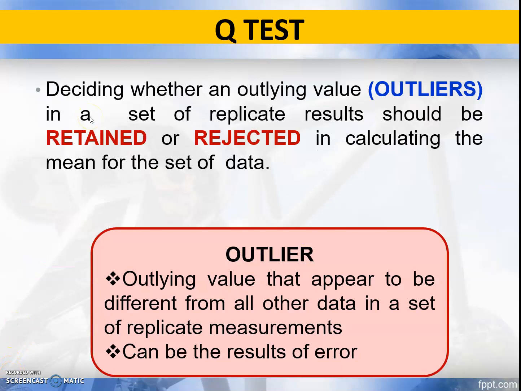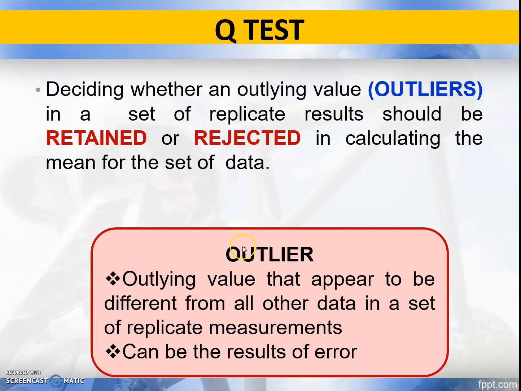Under chapter 2, the new subtopic for you is the Q-test. When we have a set of data from an experiment, and one of the values seems different or far from the others, we either remove the outlier or retain it, depending on the result of the Q-test. An outlier means a value that is different or far from the other values.